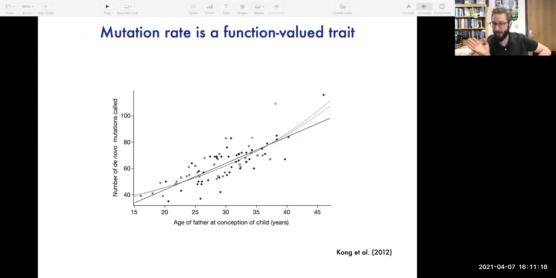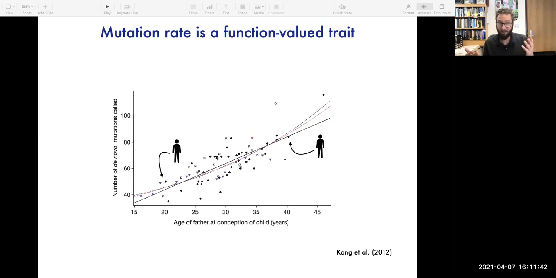So the mother has a different age, but they're correlated at least. And what you can see is that if I just measure the mutation rate for an older father, it would be somewhere up here, right? A father of 40 years of age, they'd have 80 mutations that they passed on to the kid. And if I measured a father who had a kid at 20, there'd be many fewer mutations, right?